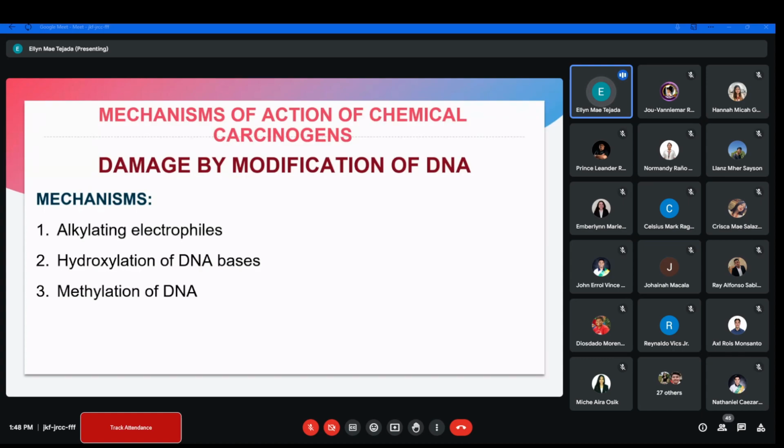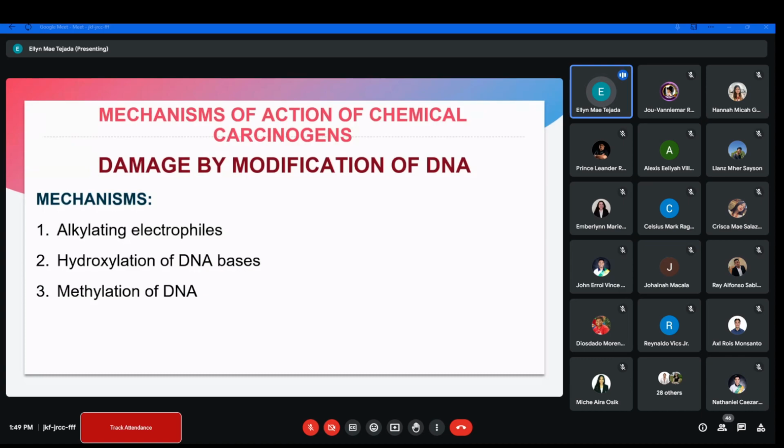Aside from that, we have here, still under the MOA of the chemical carcinogens, the damage by modification of DNA. This is just a review from your pharmacology: the alkylating electrophiles, the hydroxylation of DNA bases, and the methylation of DNA.